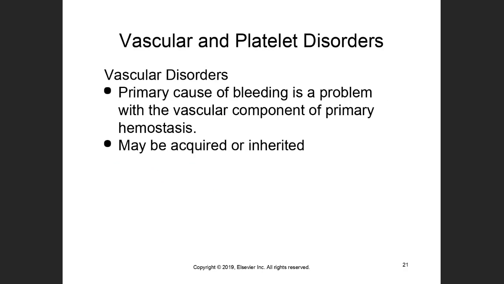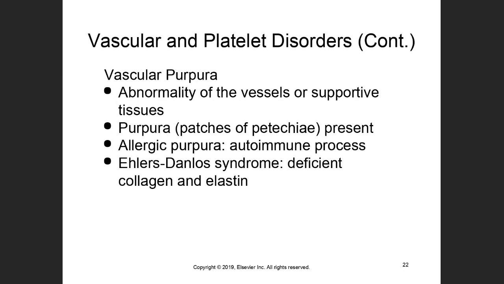Okay, let's keep going. Vascular and platelet disorder. Vascular disorder, primary causes bleeding is a problem with the vascular component. Primary hemostasis may be acquired or inherited. Inherited is like hemophilias.